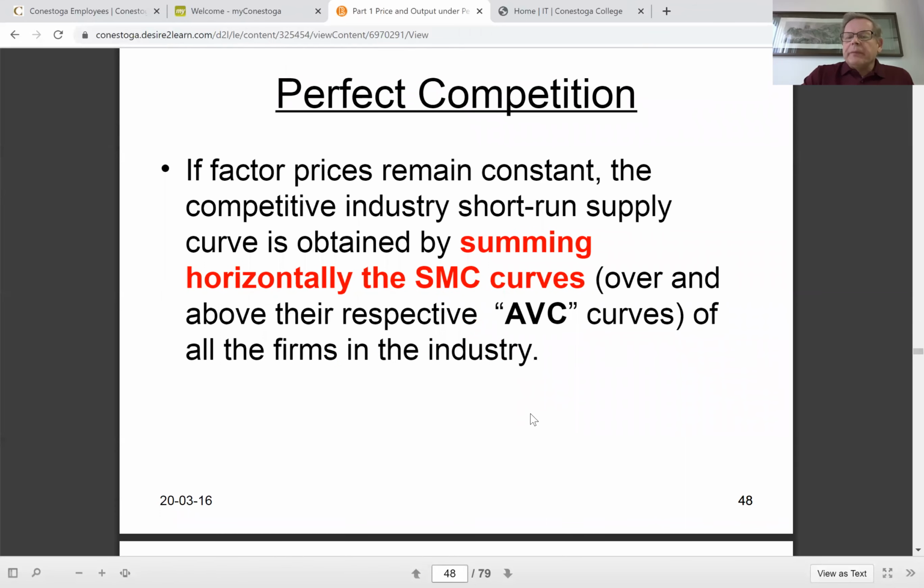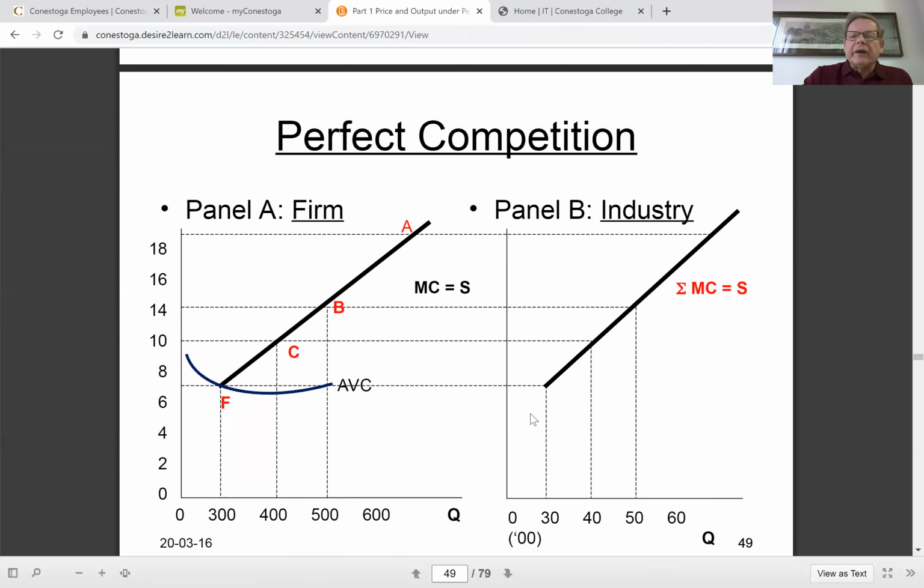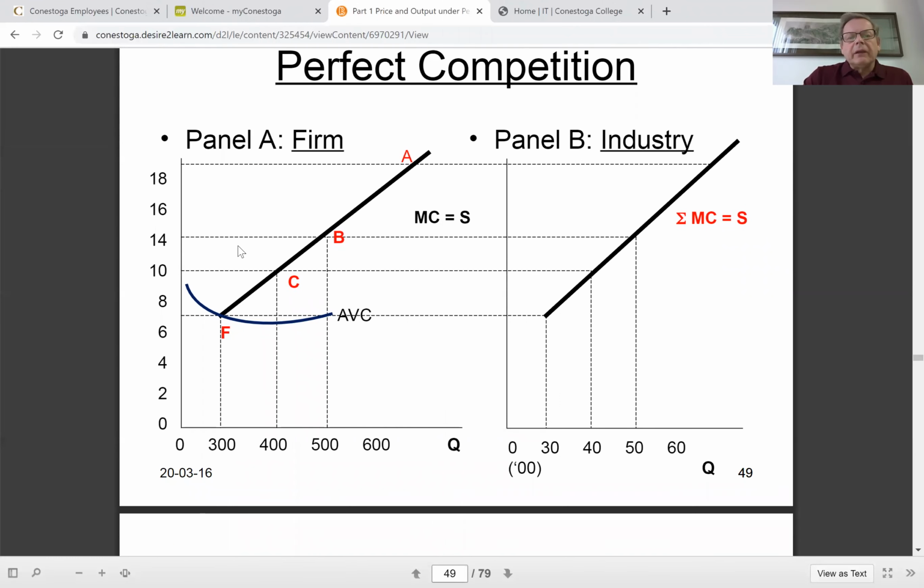If factor prices remain constant, the competitive industry short-run supply curve is obtained by summing horizontally the short-run marginal cost curves over and above their respective average variable cost curves of all the firms in the industry. So here is a diagram that represents that. In panel A, you have a firm's marginal cost curve, the portion above the average variable cost curve, that also doubles as the supply curve.